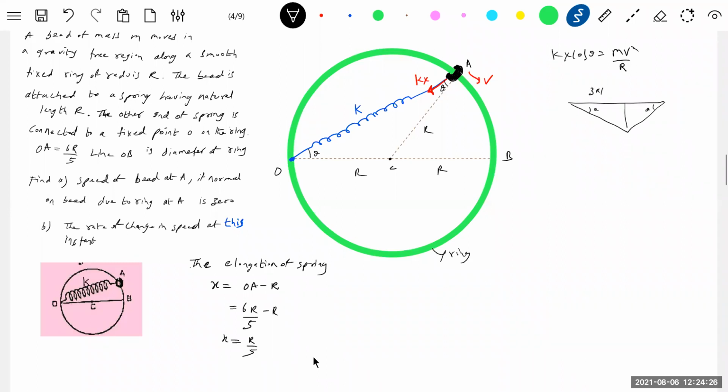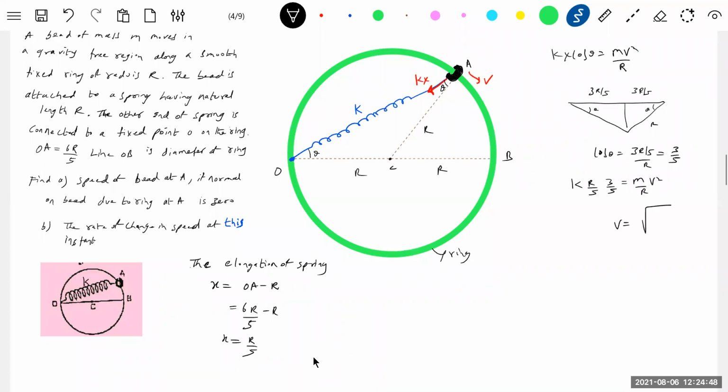So 3r by 5, 3r by 5, this is r. Cos theta is needed. So cos theta equals 3r by 5 by r, so 3 by 5. K, what is the elongation? r by 5. Cos theta 3 by 5 equals mv square by r.